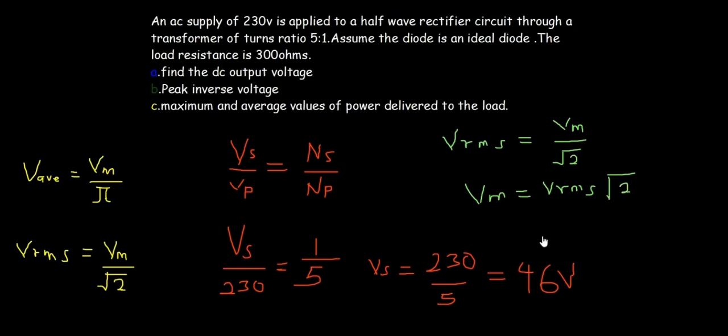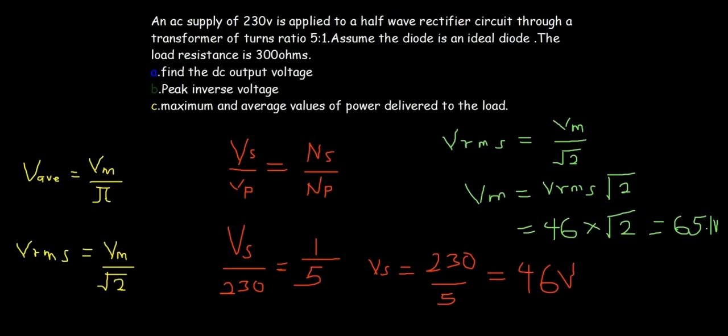You know VRMS is 46, so that will be 46 times the square root of 2. That gives me a value of 65.05, so that would be 65.1 volts. So you got Vm to be 65.1 volts.